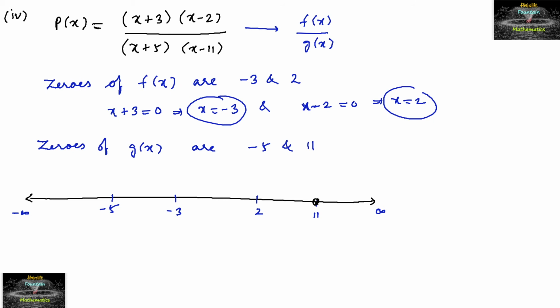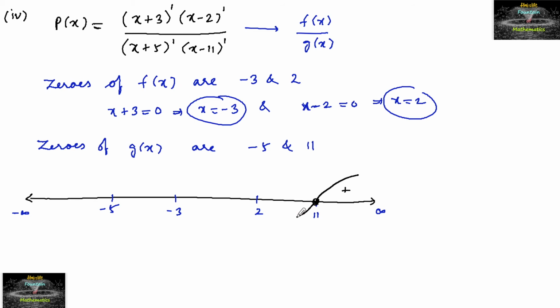Start taking the curve from this point, from the positive side, from right to left, and at x = 11 we need to stop and check whether the power is odd or even. For x − 11 the power is 1, and of course we can observe that all the powers are odd, only 1. So everywhere we change the sign from positive to negative or negative to positive. Let us change the sign from positive to negative.